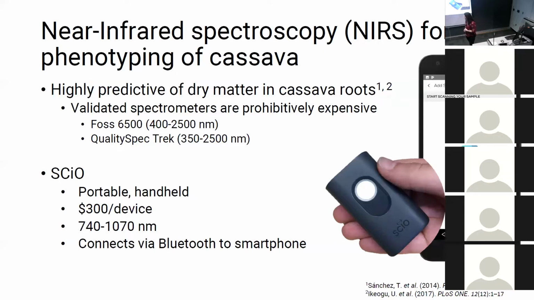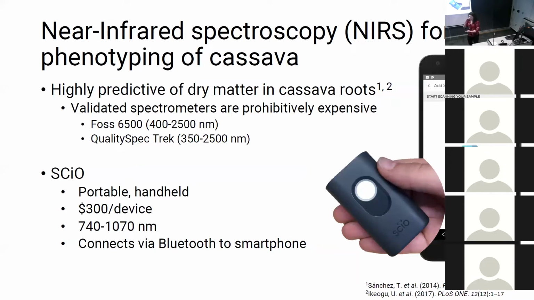It does measure a restricted amount of wavelengths in the near-infrared area of the electromagnetic spectrum. But as I'll talk about, we've found this to also be highly predictive of dry matter content. And then the spectrometer connects with Bluetooth to a smartphone app that can then be used by breeders and technicians in the field to collect data.